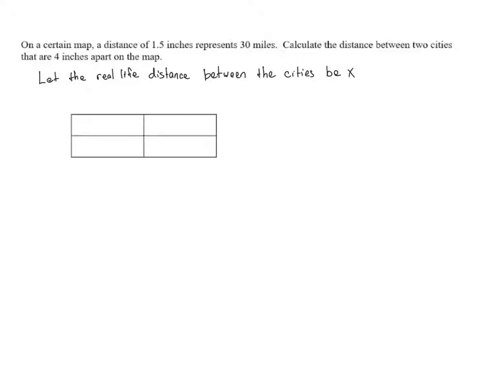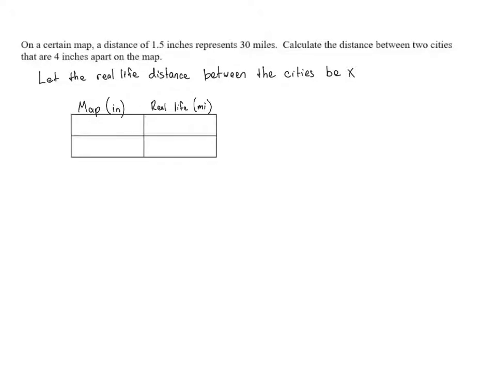Now those distances in inches are distances on the map. So we have distances on the map, and those are measured in inches. And then we also have the distances represented in miles. Those are the distances in real life. So we also have the real life distances, and those are measured in miles.